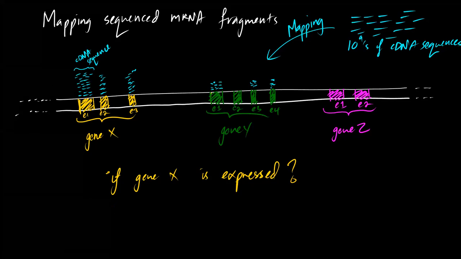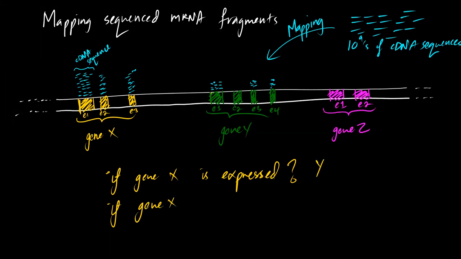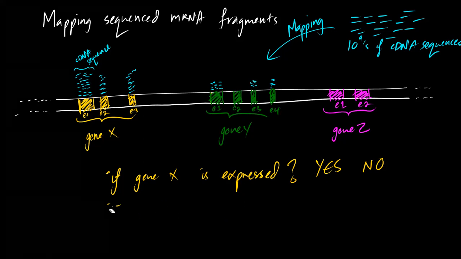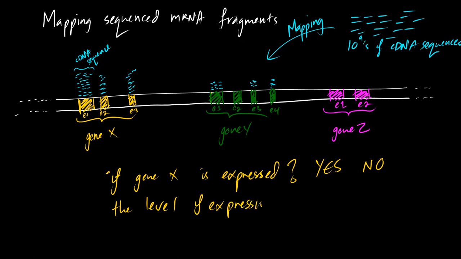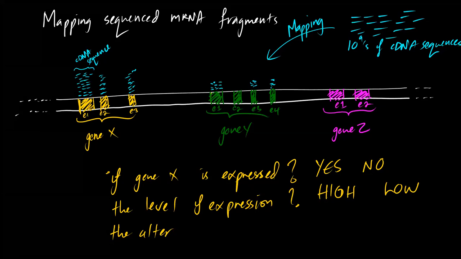For example, of course, here we're trying to answer yes or no. We could also answer the level of expression, high, low. We could also determine the alternative, or what we call the splice variant.